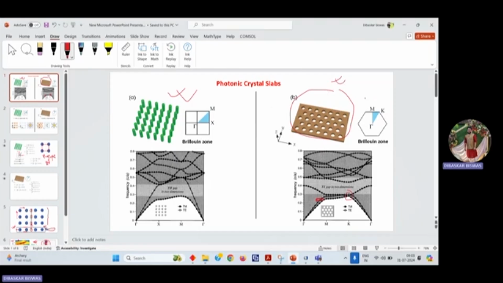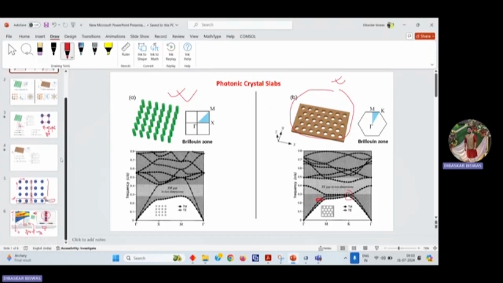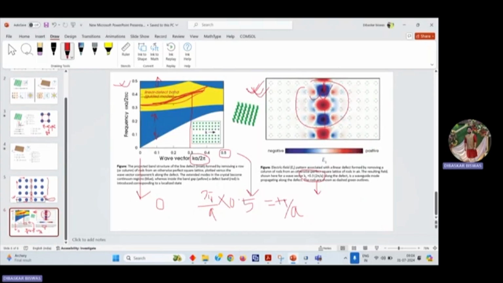We shall see how to simulate the band diagram of both slabs, and also how the defect state appears by introducing a line defect. We shall calculate the band diagram for the defect state, take one frequency from the defect state at a particular value of the wave vector, and then see how the wave propagates along the defect.